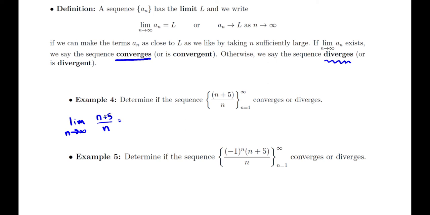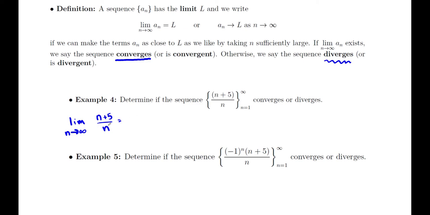Like if n is 1,000,000, who cares about 5? If you're going to give me $1,000,000 versus $1,000,005, I'm just not going to really care. So we have the sense that this 5 really doesn't matter, and we end up with this idea of n over n is 1, so I'm thinking the limit is 1.